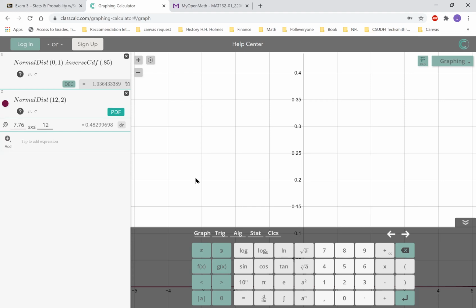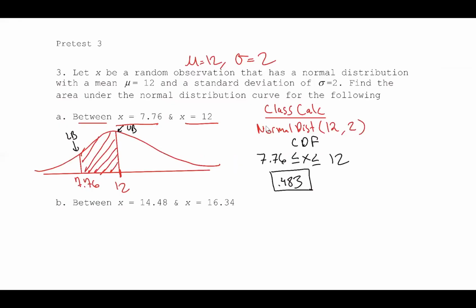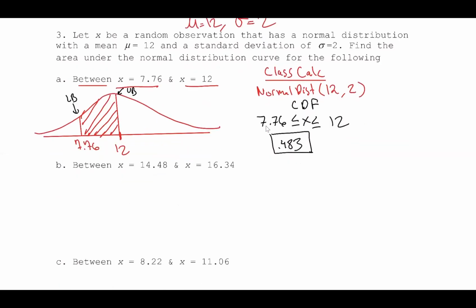So let me switch over back to my notes, and let's go to B. All right, so let's do B. So if you look at B, it said between X is equal to 14.48 and X is equal to 16.34.